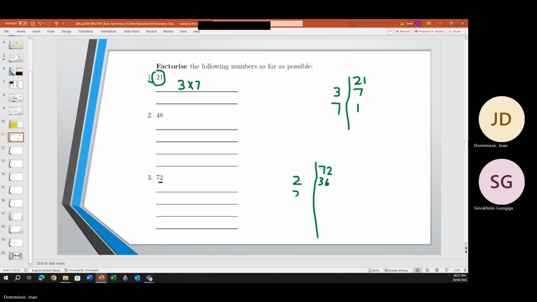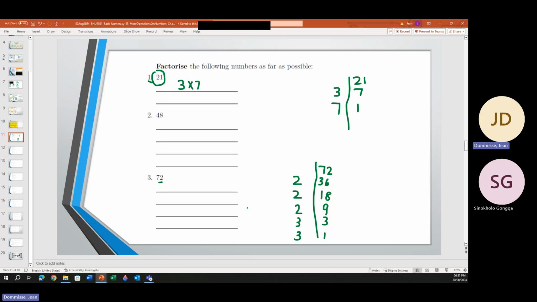Then 2 can go into 36, so 36 divided by 2 is 18. 2 can go in there again, so 2 goes into 18 9 times. Then 2 can't go into 9, but 3 can. 3 goes into 9 3 times. 3 goes into 3 once.